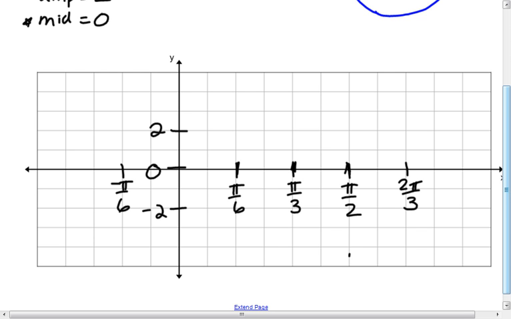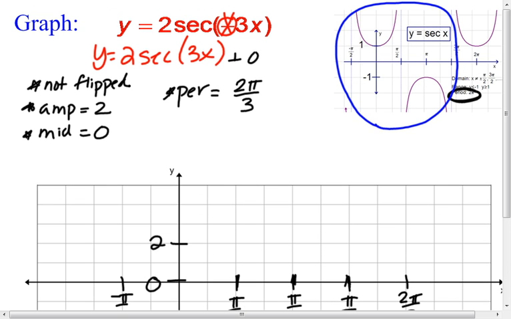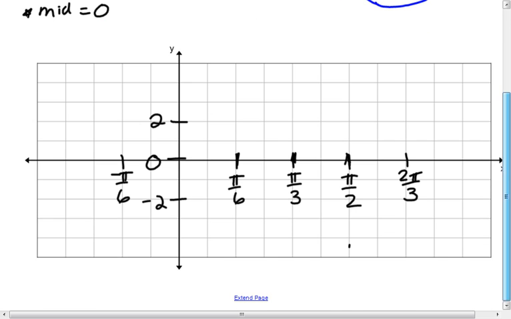Okay? And then I'm going to follow this pattern. So at that first hash mark to the left, I'll have an asymptote. It'll cross the x-axis. At the first hash mark to the right, I'll have an asymptote. And then it'll again, or not cross the x-axis here, but bottom out right here. And then it will top out right here. And then at the next hash mark, I'm going to have an asymptote. So I'm going to just follow that pattern and complete my graph that way.